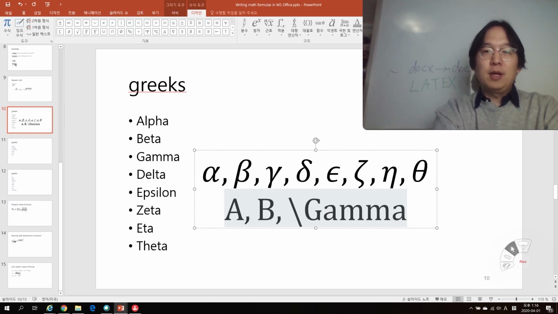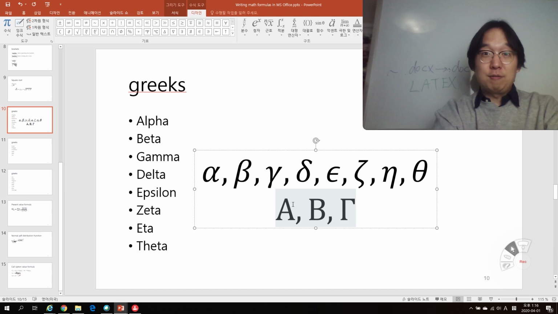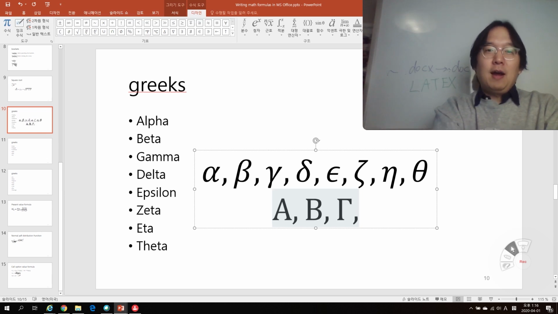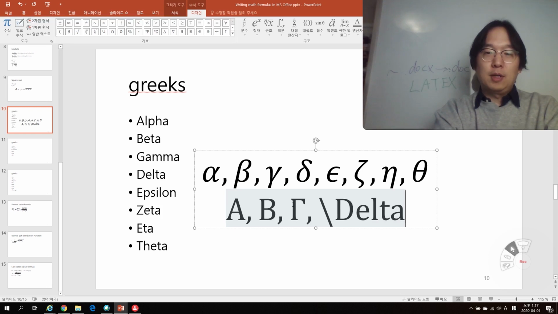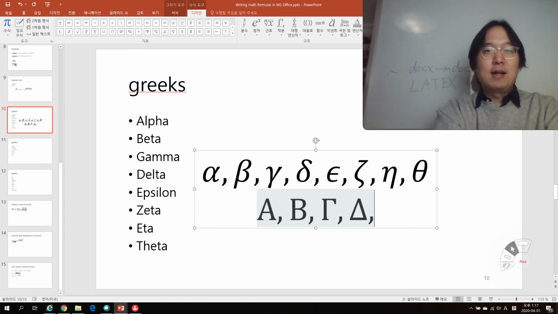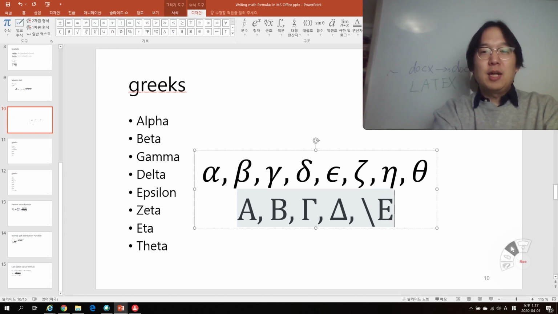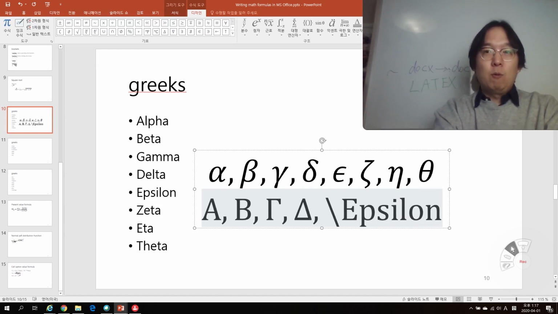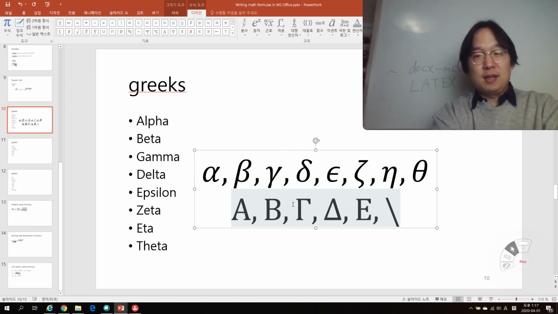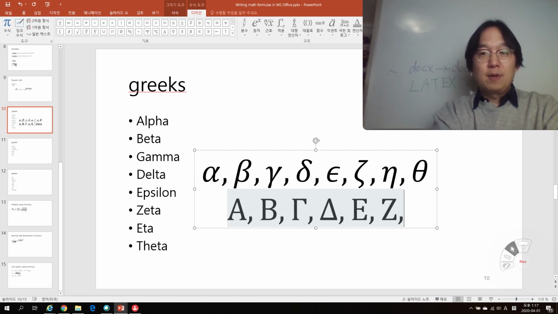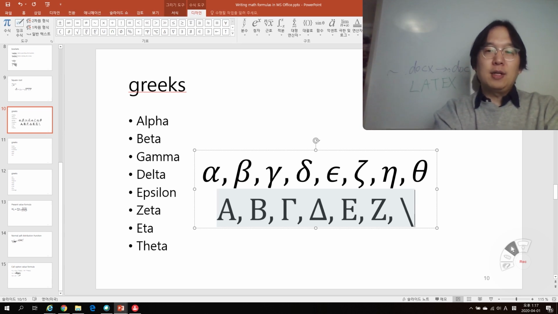Gamma, right? Like this. Looks like Russian. All right. Delta. Guess what? It will be triangle. Yeah. And then backslash epsilon. What would it look like? E, right. And then zeta. Z-E-T-A. Z, okay. And then eta. All right.